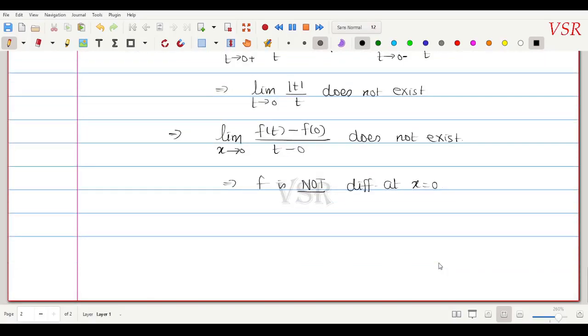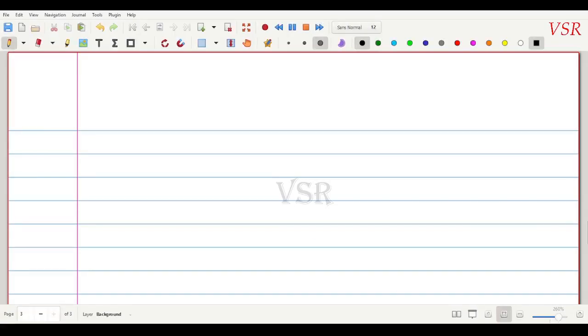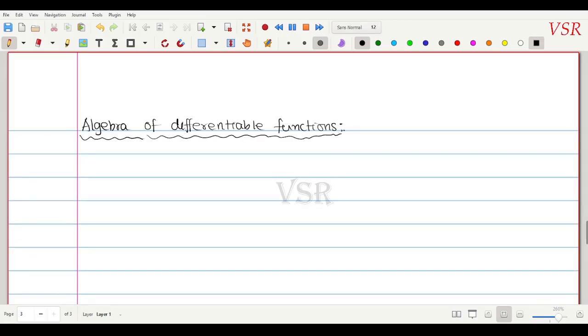okay. Next theorem we'll go for, algebra of differentiable functions, okay. என்ன அப்படின்னா, f differentiable, g differentiable இருக்கும், அப்போ f plus g differentiable, f into g differentiable, அதுக்கப்புறம் f by g differentiable, இதெல்லாம் படிக்க போறோம், okay.